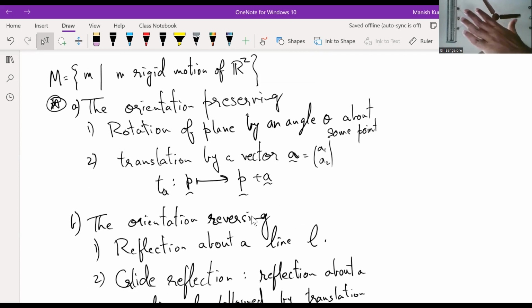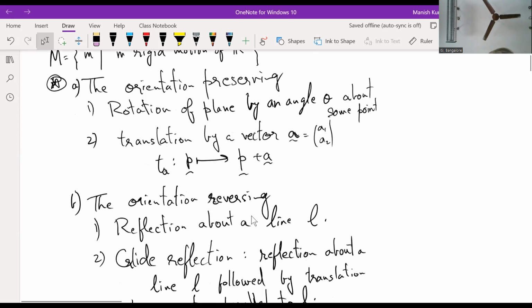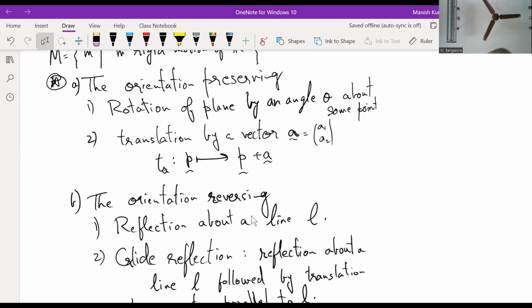Orientation preserving means you don't flip the plane, you just keep the plane. There are two kinds of it: rotation of the plane by an angle theta about some point, and translation by a vector. Yeah. So these are orientation preserving.